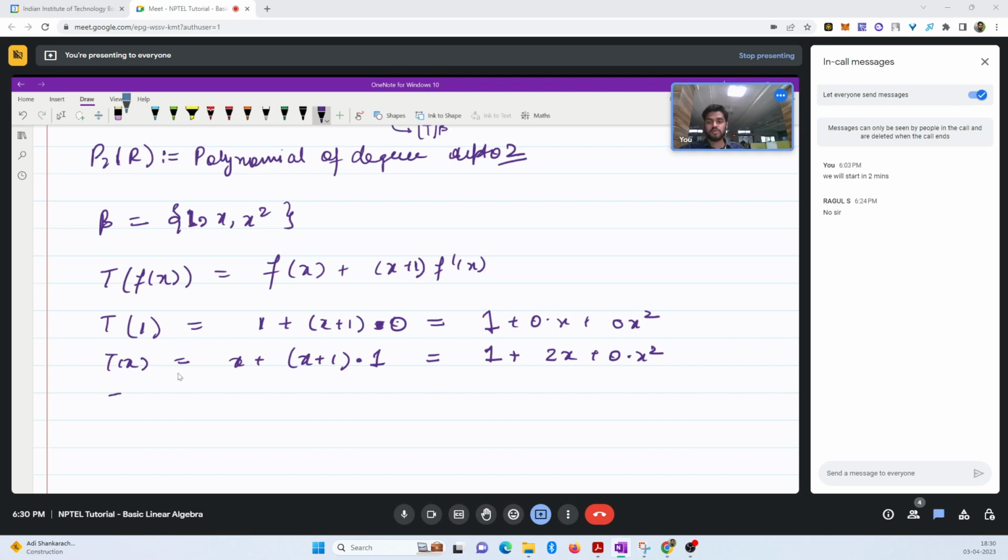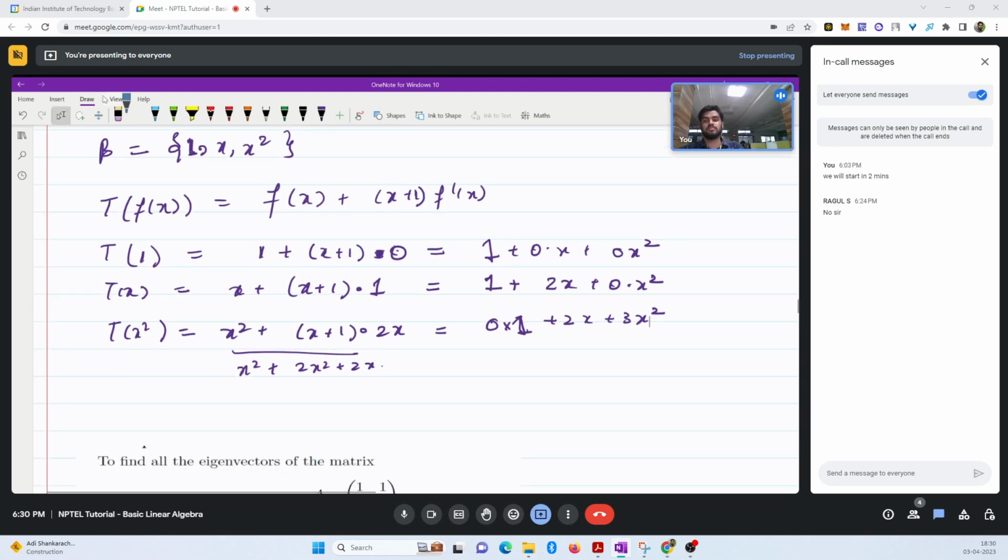Now T of x square is given by x square plus (x plus 1) into 2x. You don't have any constant term now, so you get 0 times 1. You can expand it as x square plus 2x square plus 2x, that is 2x plus 3x square.